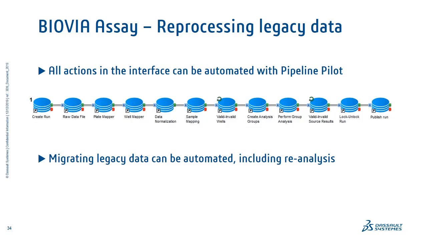But even more interesting, it's a really great way to migrate legacy data into assay, and that's what we have been performing with several customers on different legacy systems, either BIOVIA legacy system or other legacy screening systems, which allows you to continue to have all your historical data with you in the same system, processed with your latest standard in terms of analytics.